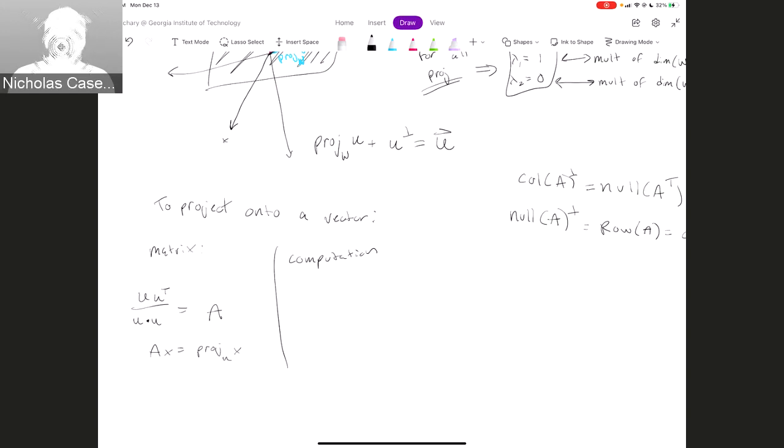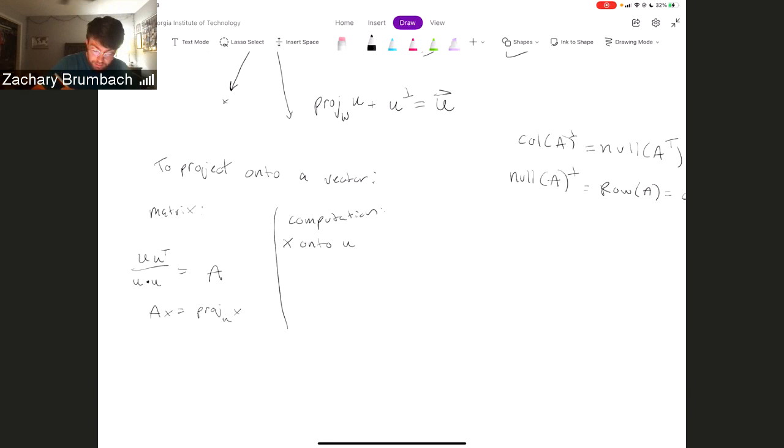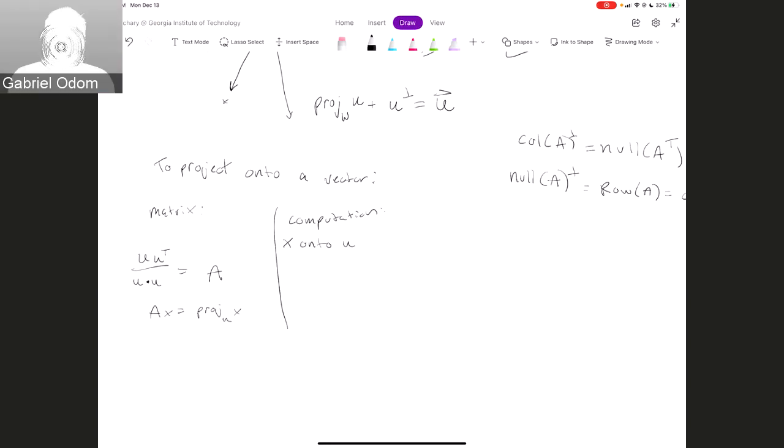But for right now, computation. So I believe if you're projecting X onto U, let me make sure I have this right. There it is.